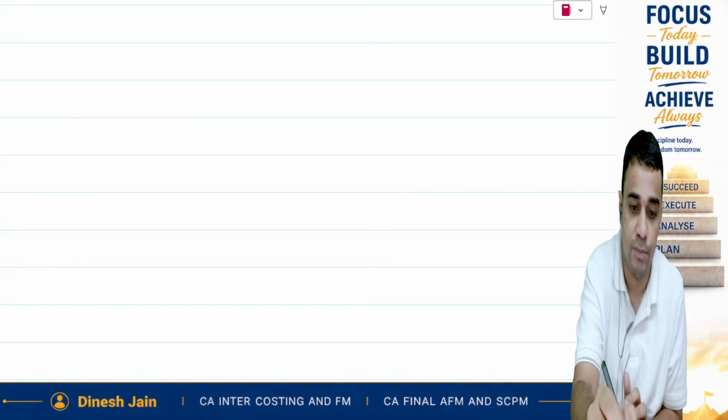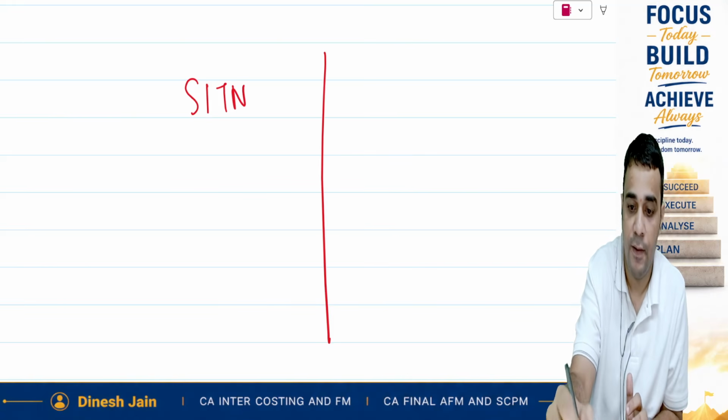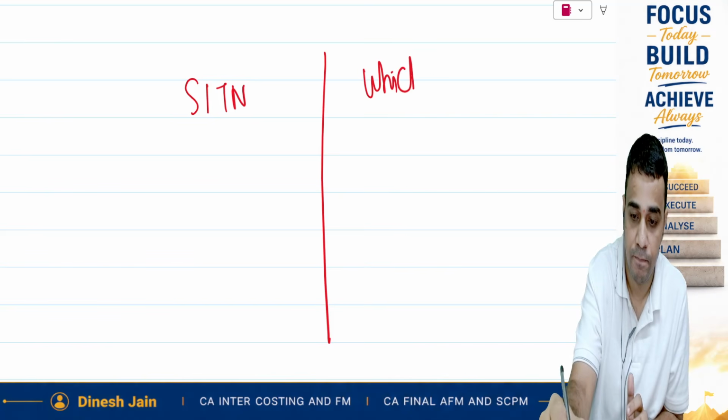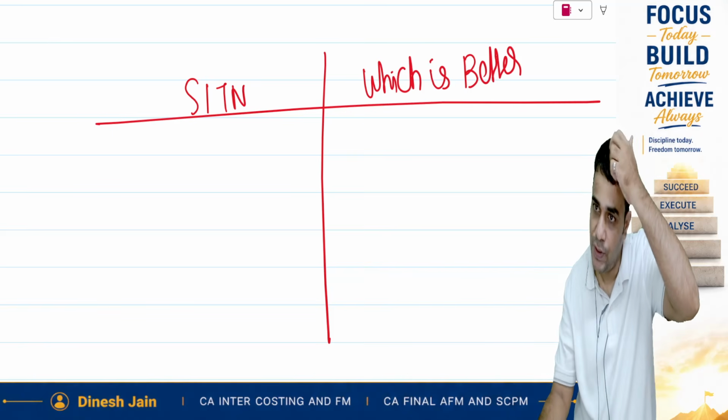Now write two columns: Situation, which is better.